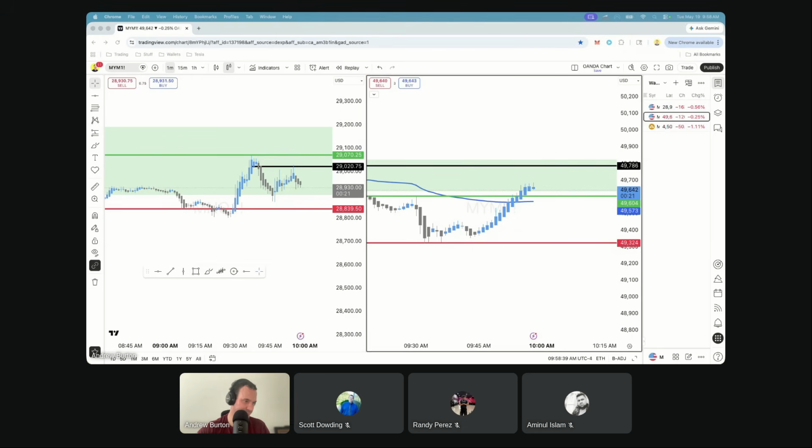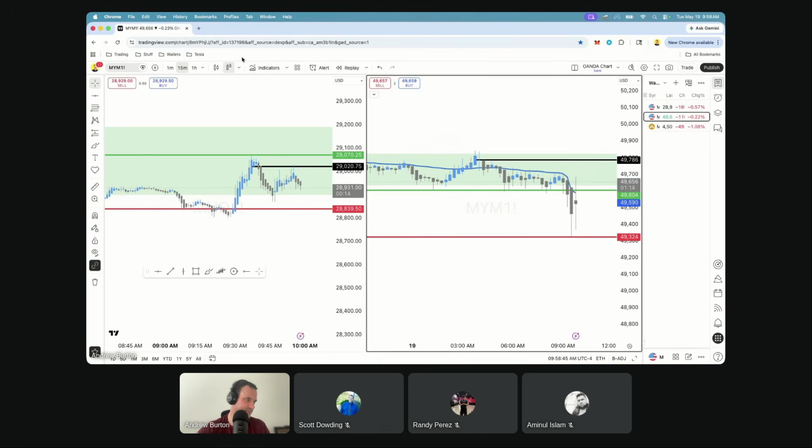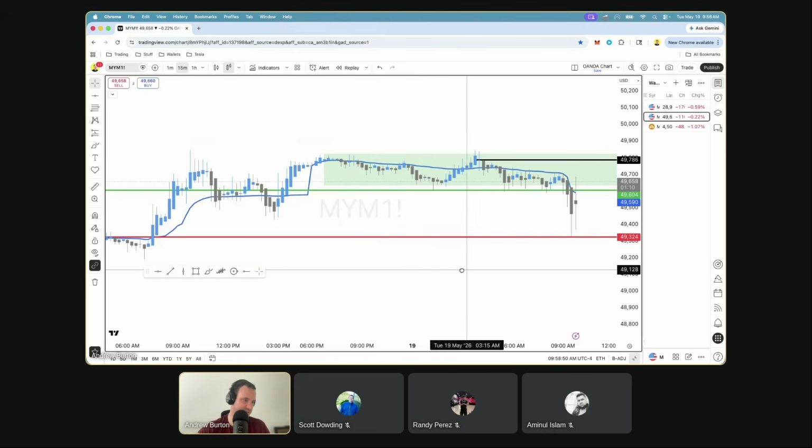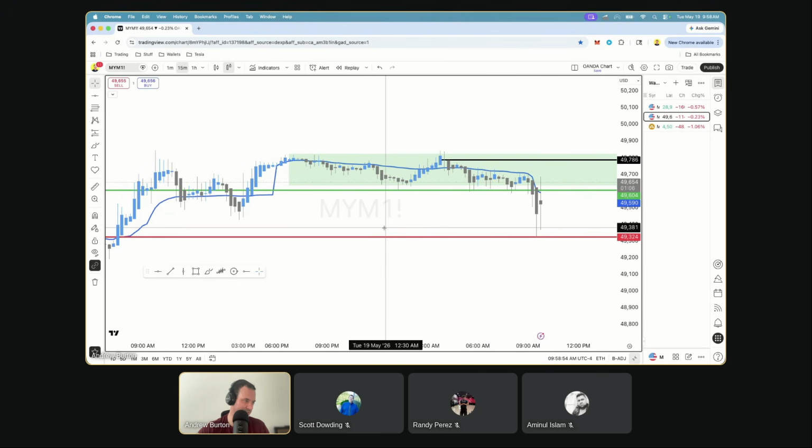So what we're going to do here is we're going to go to the 15 and then I'm going to just put this like this. And I just want to back out and really look and give myself a full picture of what's going on. So this right here, guys, the next candle that opens, this is the 15-minute chart, right?